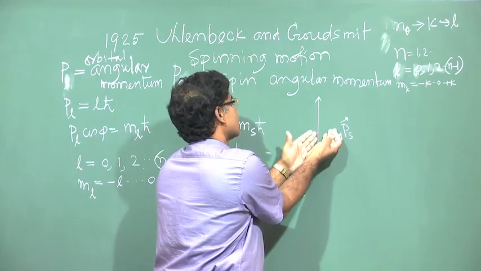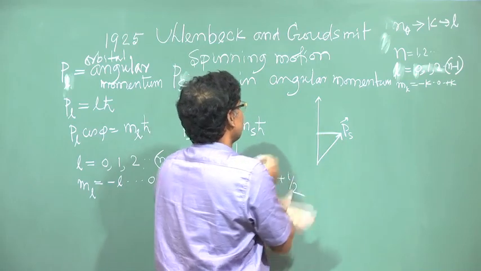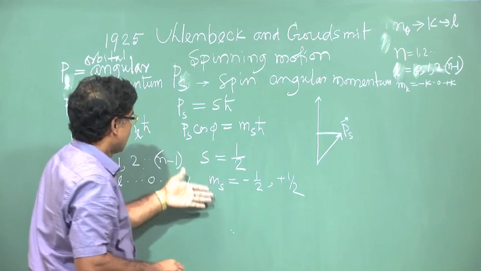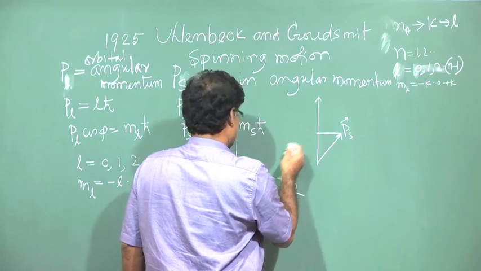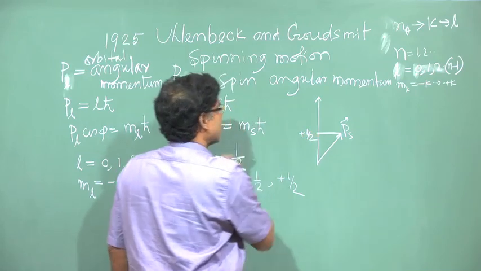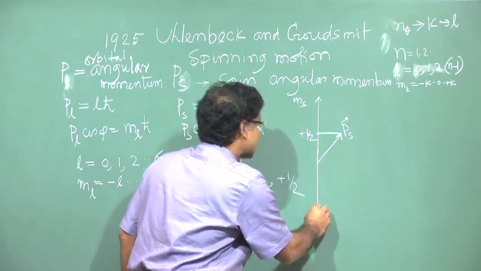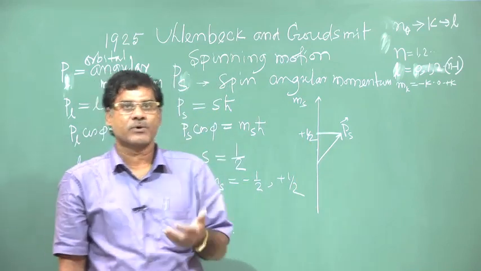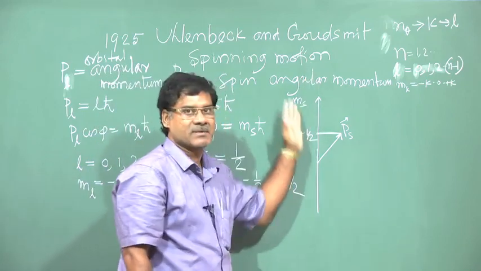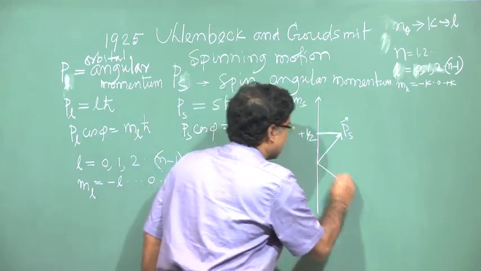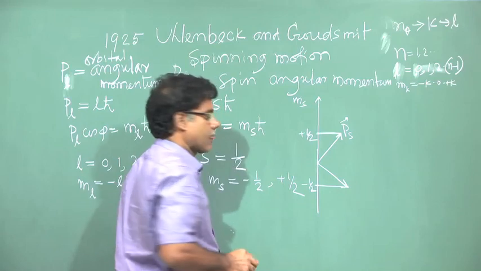Space quantization is the projection along the fixed direction, and that is the MS value. So MS will have only two possible values, plus half and minus half, so these two orientations are possible.